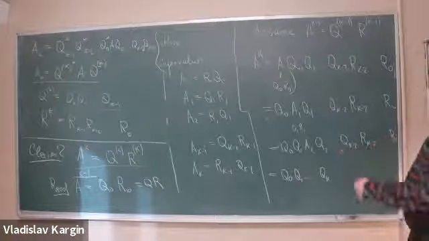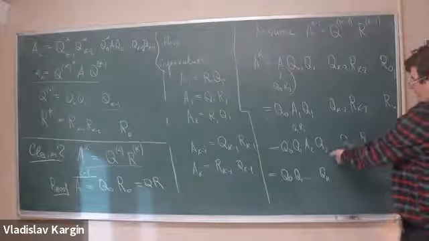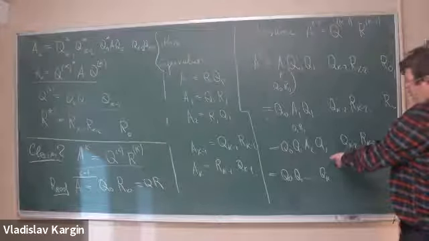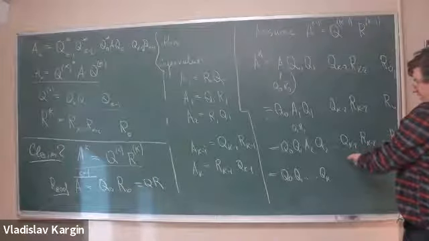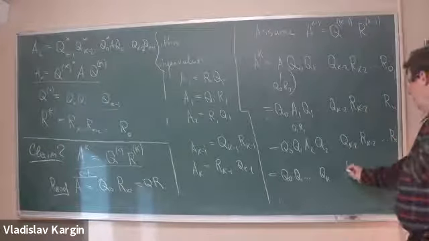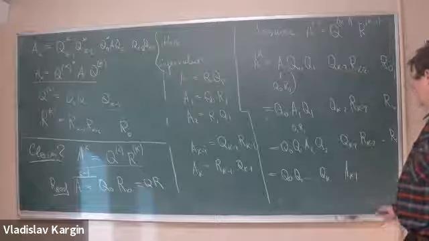So after we multiply, it will be R_{k-2} times Q_{k-2}, so here will be A_{k-1}.